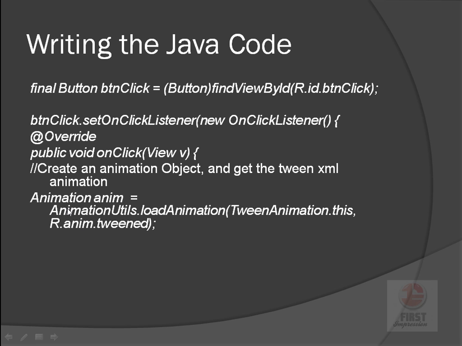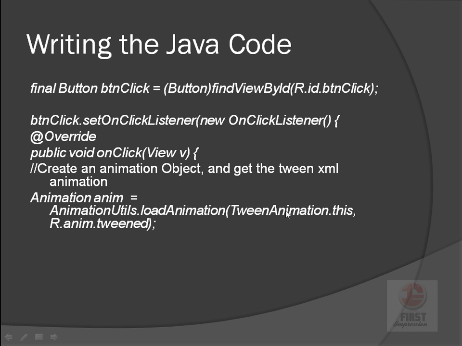So let's revise the syntax. We have Animation anim equals AnimationUtils.loadAnimation. This will load the animation. Which animation do we want to load? We want to load R.anim.tween inside our activity, so we give the activity name over here.